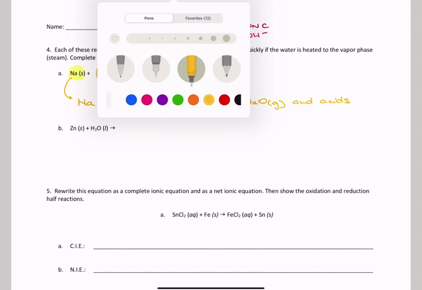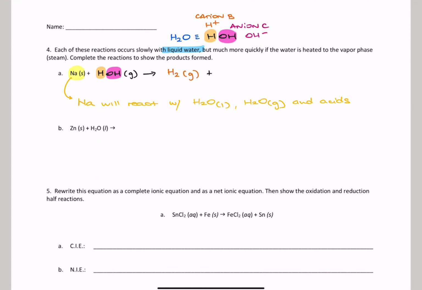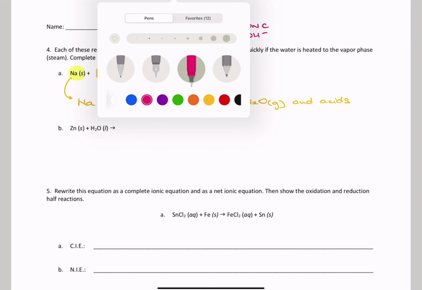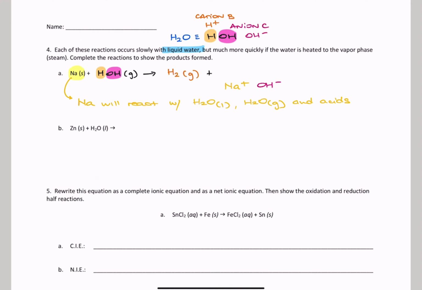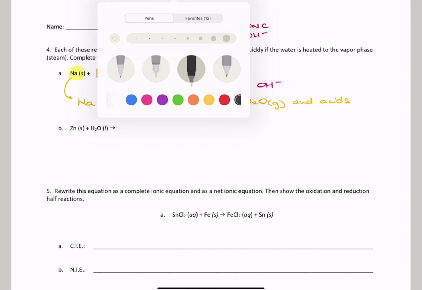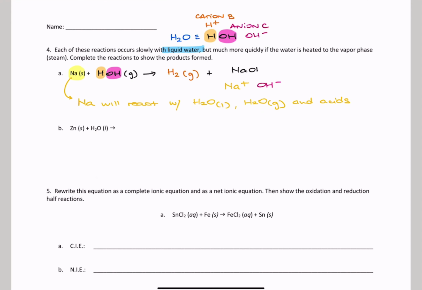Along with H2 gas, we're going to form the compound between the cation of sodium and the anion C. In a 1-to-1 ratio, we will form NaOH aqueous.